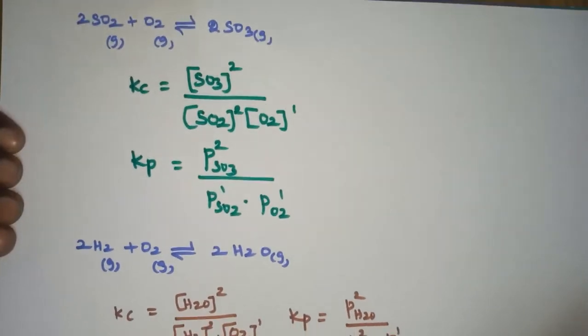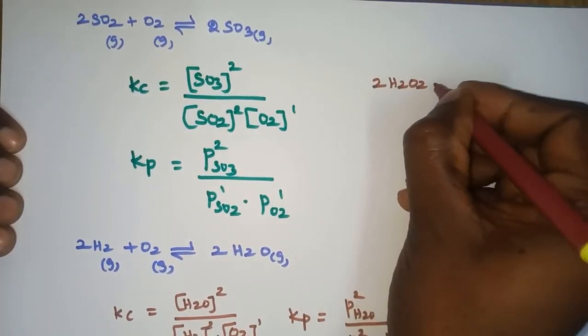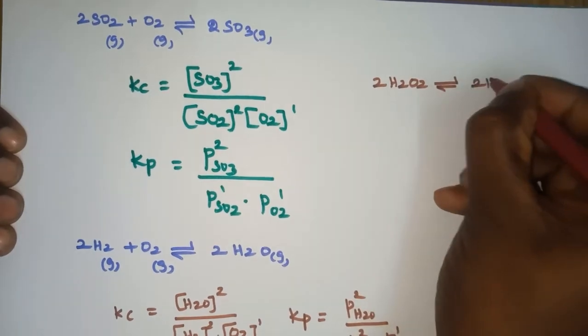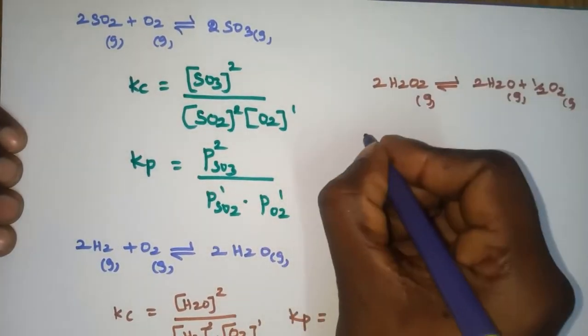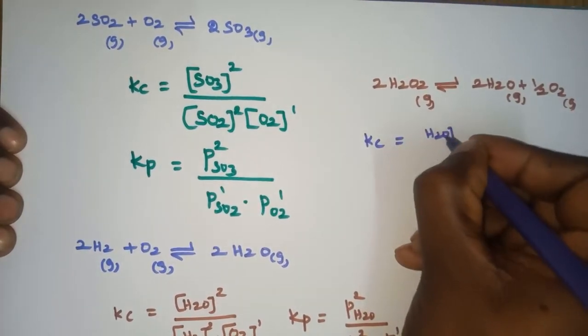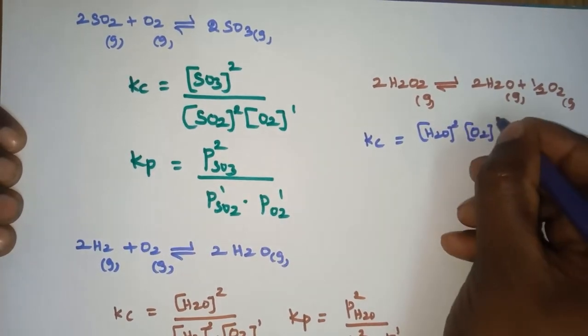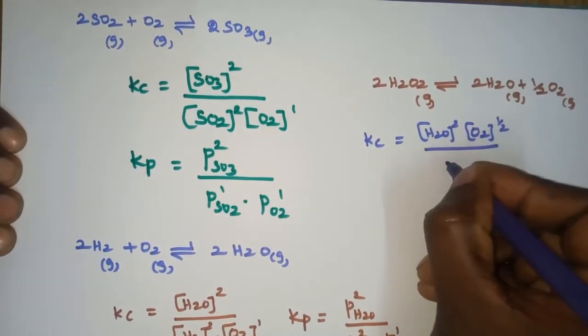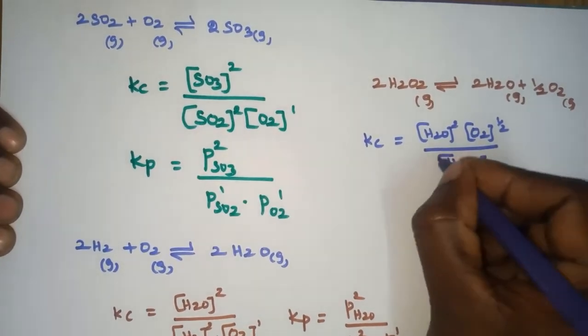Last example, hydrogen peroxide decomposes into water molecule and oxygen. Kc for this equation, Kc equal to water power 2 into oxygen power 1 divided by hydrogen peroxide power 2.